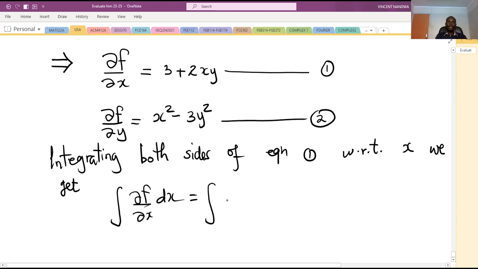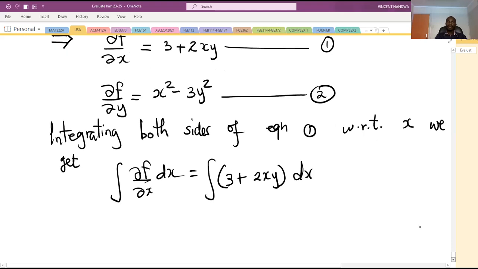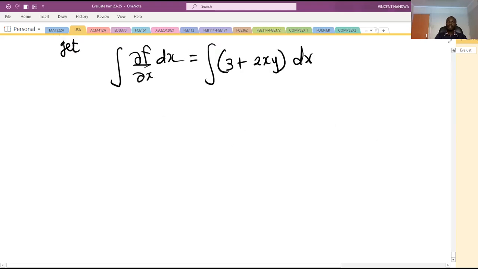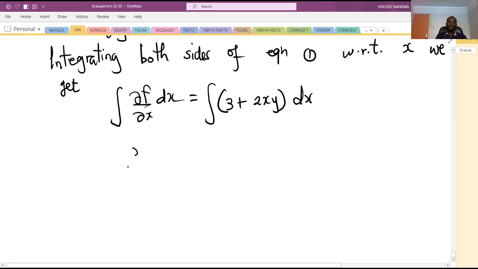We also integrate 3 plus 2xy with respect to x. So when you integrate the left-hand side, you get f equals 3x plus 2x squared over 2, so this will have x squared y, and then plus a constant of integration.